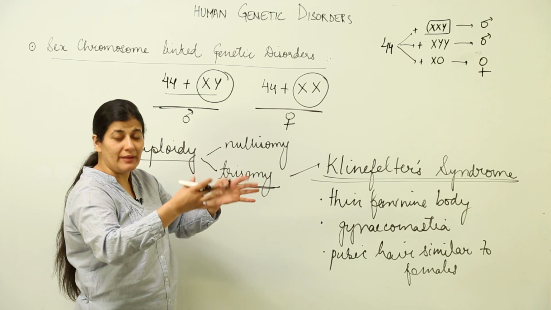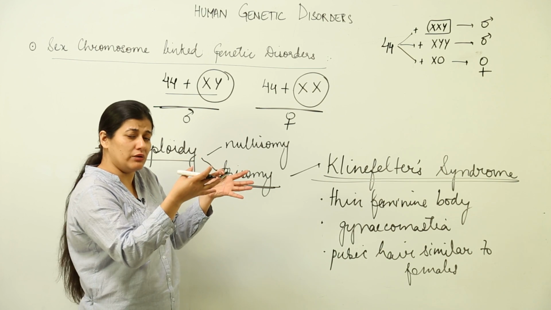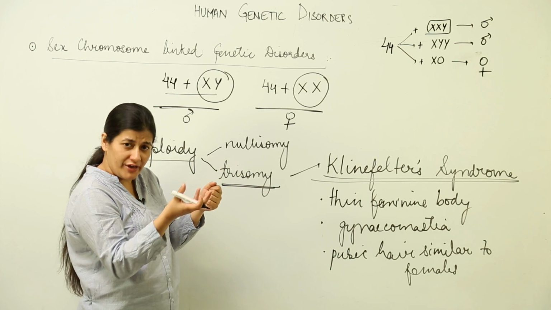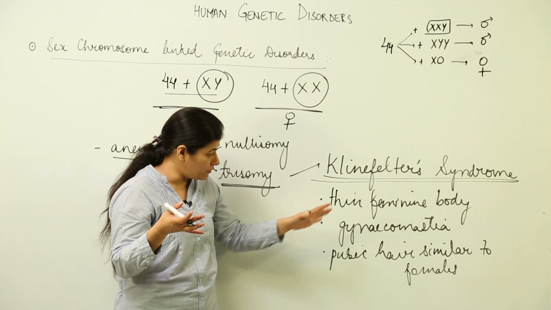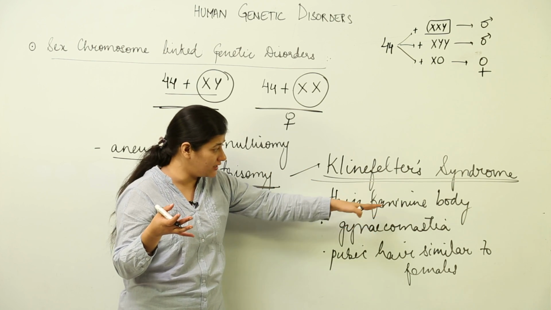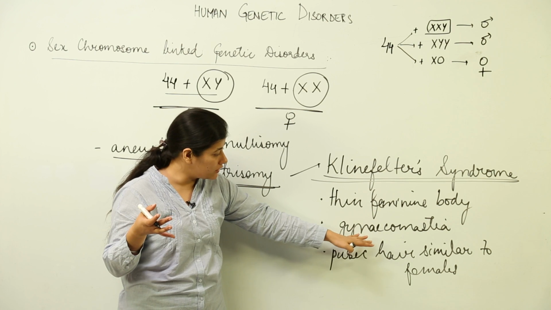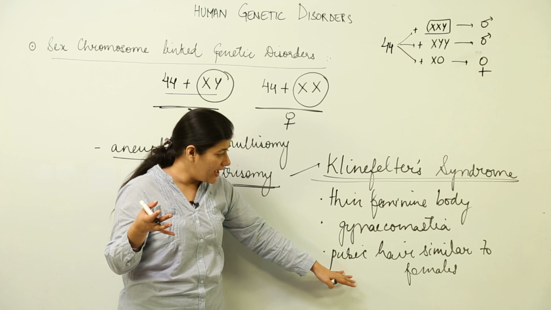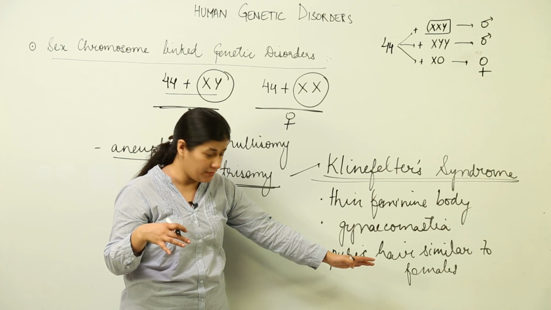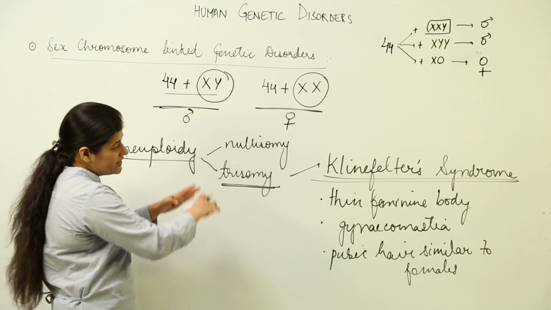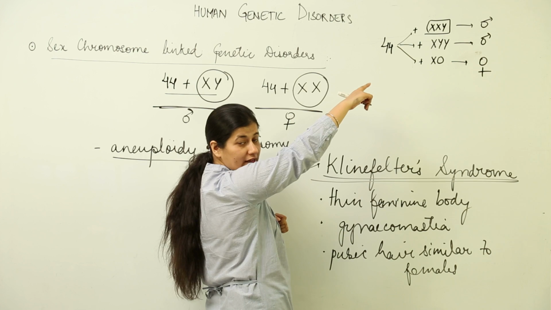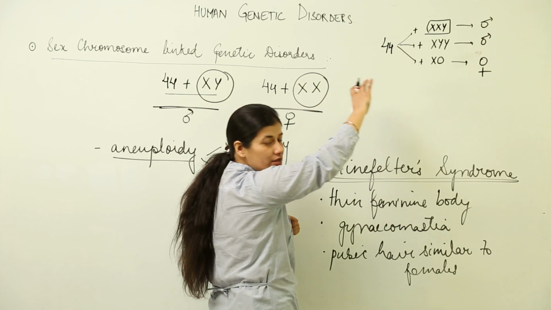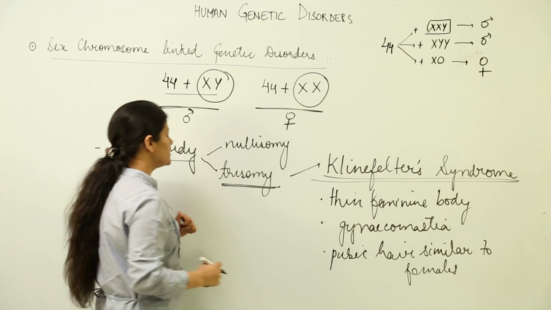So, in total a man, but he would look like a female because of the overall body characteristics, which comprise a thin feminine slender body, growth of breast on the body, and pubic hair similar to females. Such a condition is because of an extra X chromosome that comes into the scenario and leads to Klinefelter syndrome.